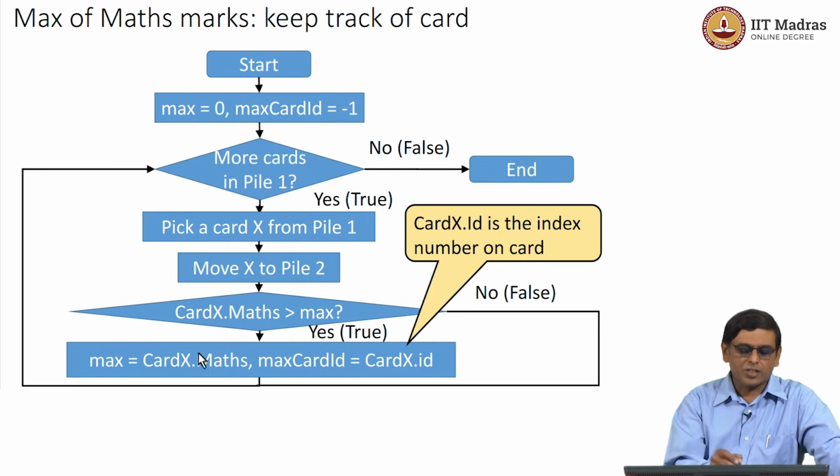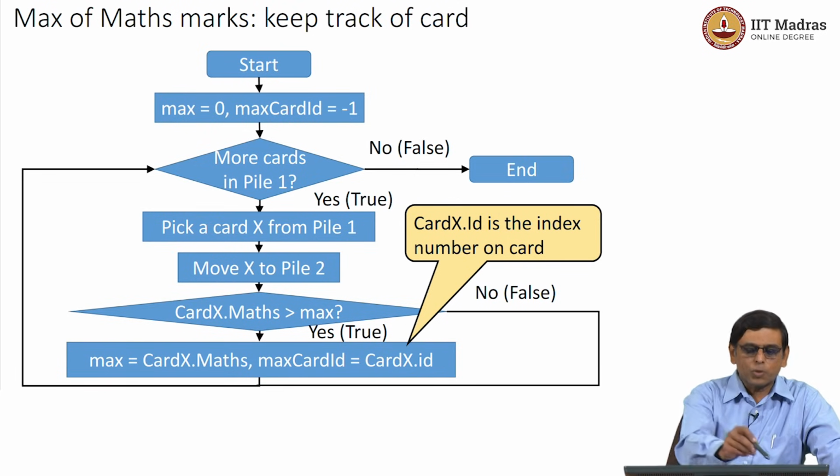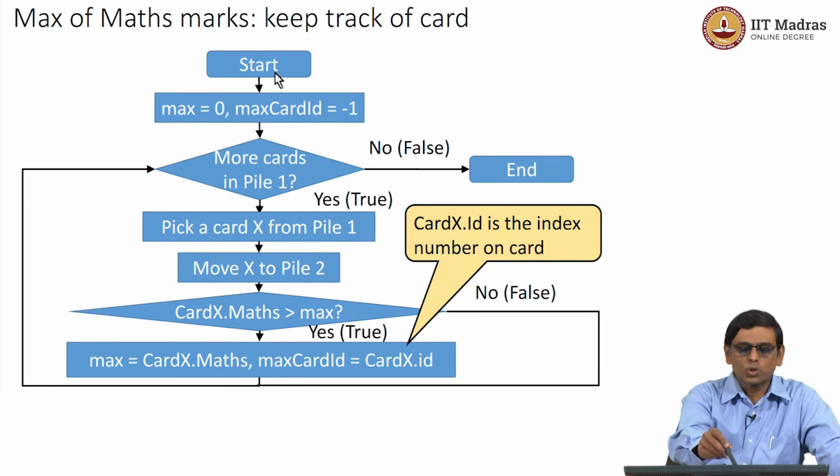So, just like card X dot maths denoted the value of the maths marks on card X, we are using card X dot ID to represent the unique number that we have given to each card. So, max card ID is set to card X dot ID. Now you will go through this new procedure, iterate, and when will we stop?